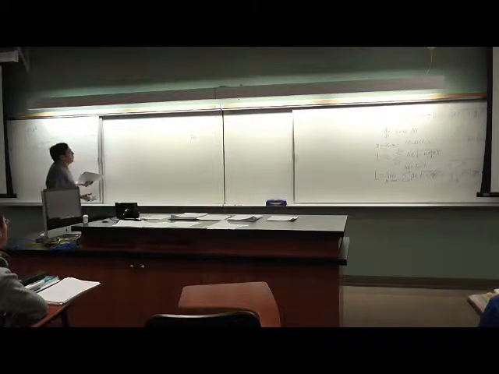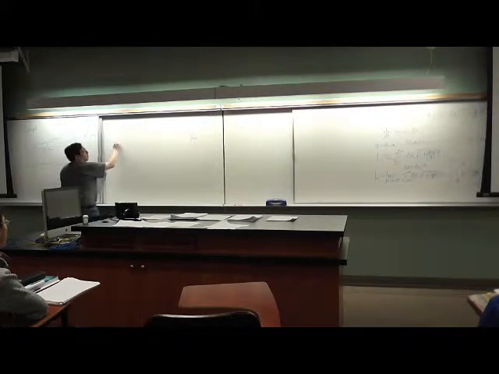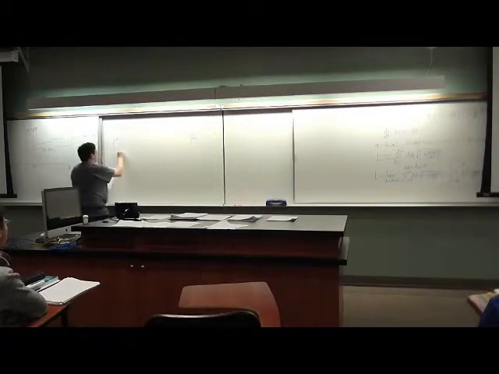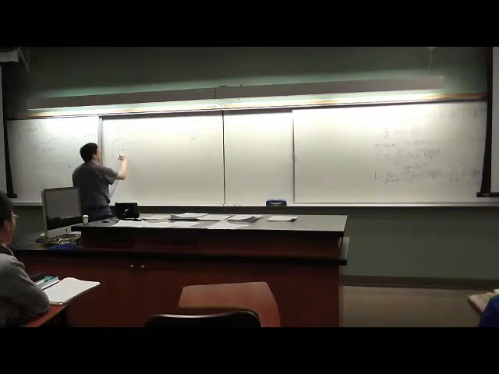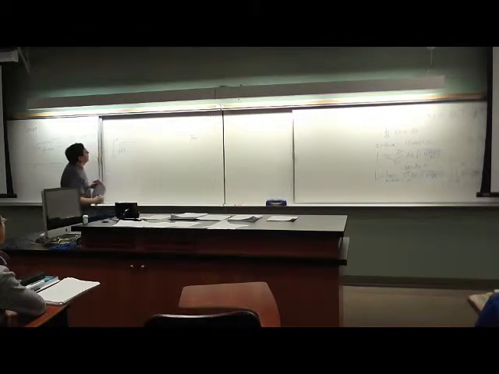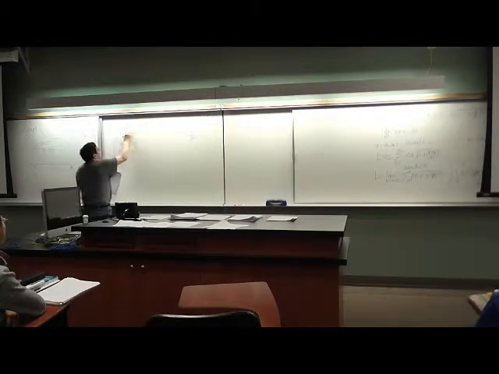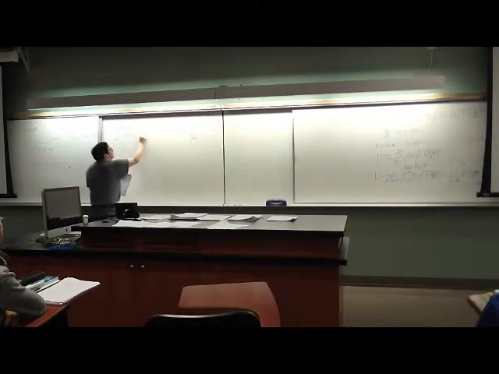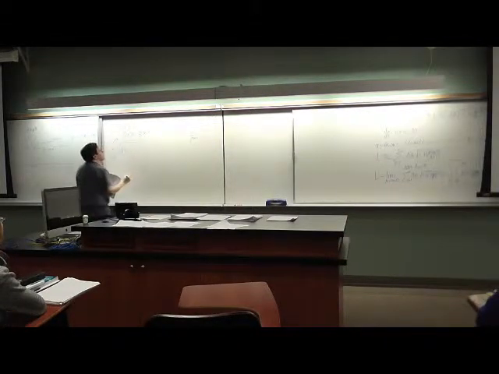So we use our formula. We want to find the integral from 0 to 4 of the square root of 1 plus, well, we need to know the derivative. So what's f prime of x? Just 3/2 x to the 1/2.